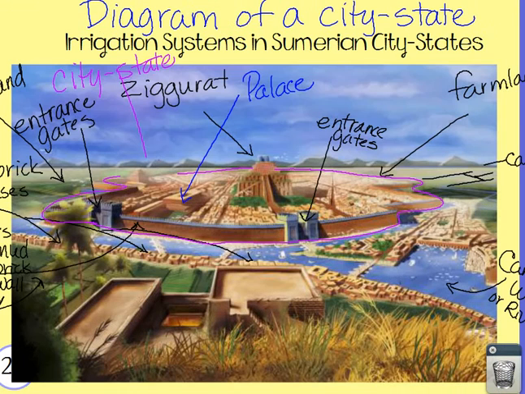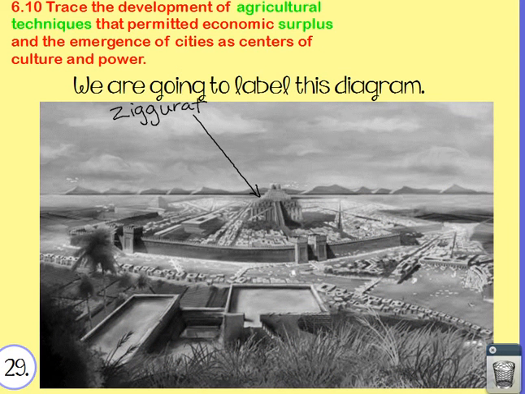All right, so we've got this all labeled now. This is an irrigation system in the Sumerian city-state. So our standard told us to look at agricultural techniques. What would be one agricultural technique that we saw outside the city-state? Irrigation. Yeah, an irrigation system.